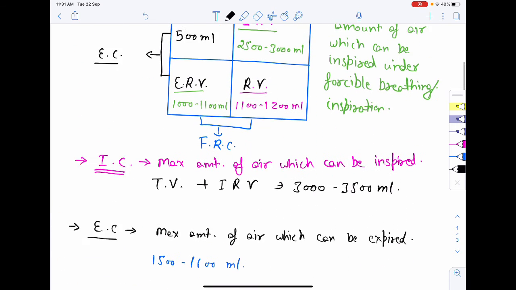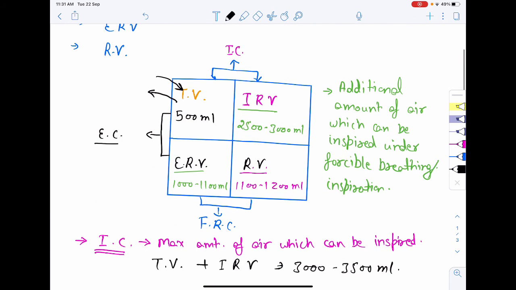Now listen, if a person does forcible expiration, that person can deplete up to ERV.